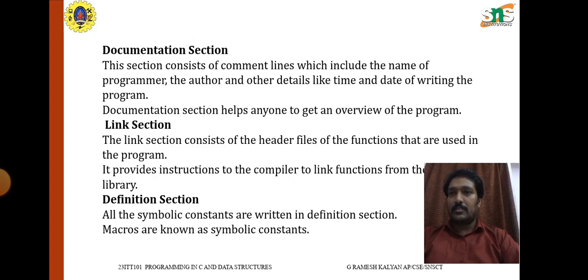So the first one is the documentation section. This section consists of comment lines. We could see a slash and star, inside which we could have a number of comments, closed with the star and slash. In the documentation section, we could include any number of comment lines that help the programmer understand details like the time and date of writing of the program and the author of the program.